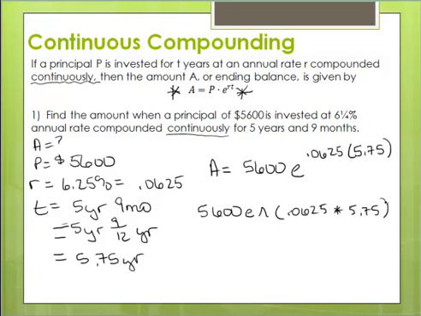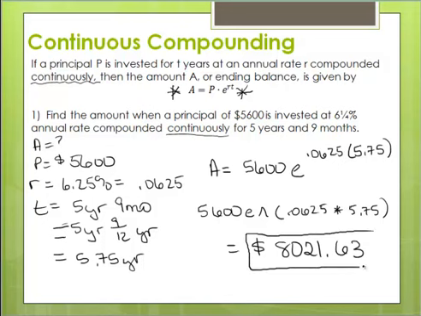It should look something like that. And I get $8,021.74.